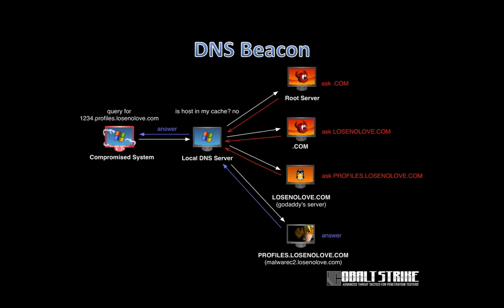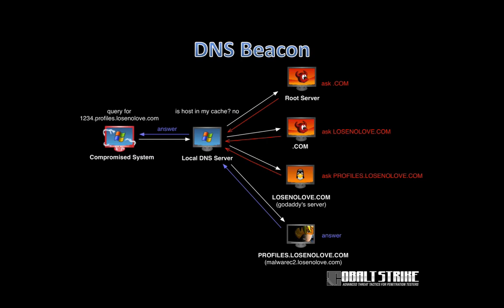So what it does is it reaches out to the .com server. It says, .com, do you know the 4-byte value, the A record value of this request? And the .com server is going to say, no, I don't. And it's going to direct us to instead consult the server that is authoritative for losenolove.com. So it's going to send that information back to us.